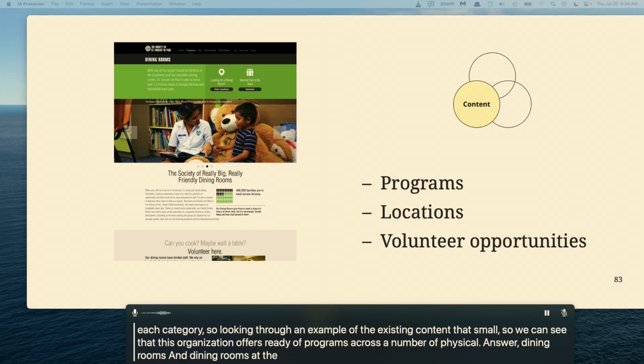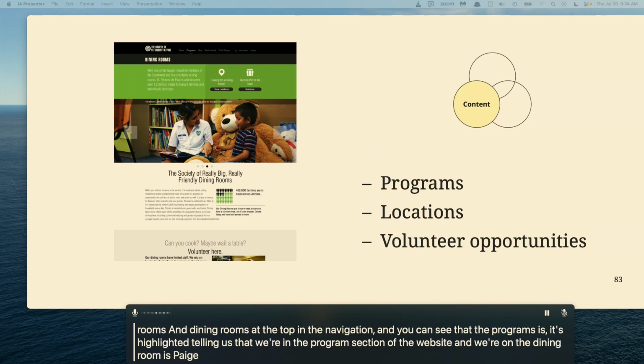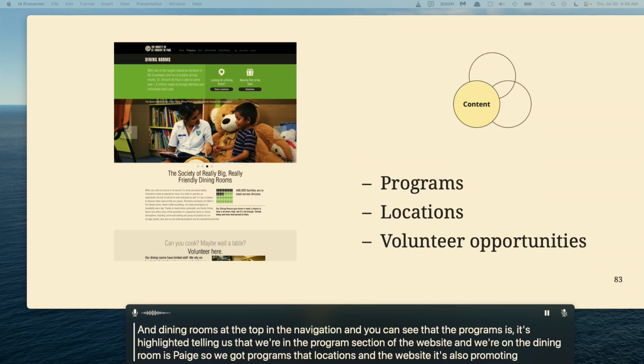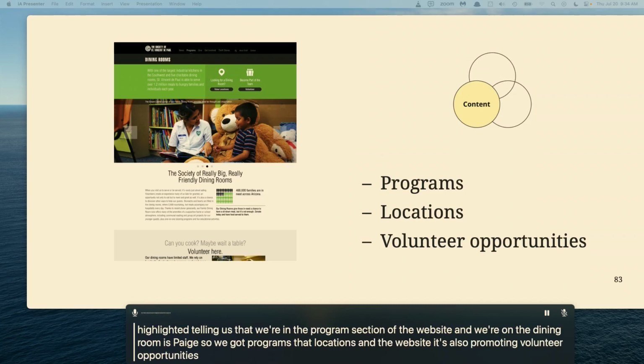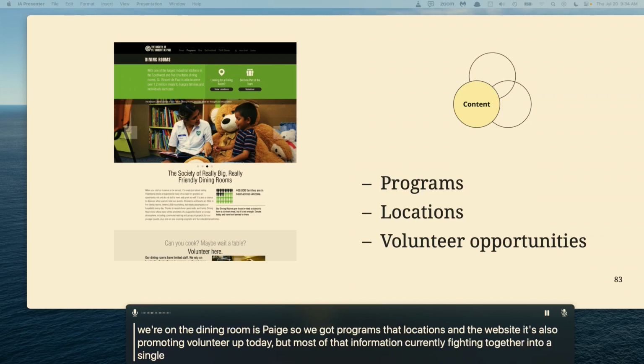And at the top, in the main navigation, you can see that the label Programs is highlighted, telling us that we're in the Programs section of the website, and we're on the Dining Rooms page. So we've got programs, physical locations, and the website is also promoting volunteer opportunities. But most of that information currently is flattened together into a single page type, the program page.